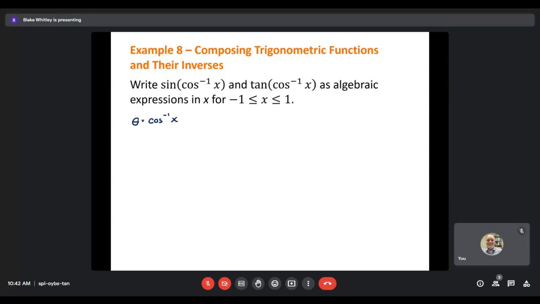Now, since we're using the same inverse trig function in both, that means eventually I'm going to find the sine of theta, and I'm going to find the tangent of theta. So again, we're just letting everything inside here be our angle, everything inside this one be our angle.